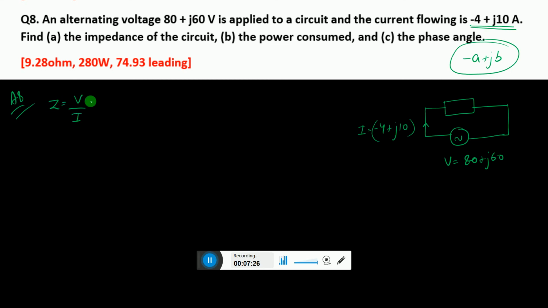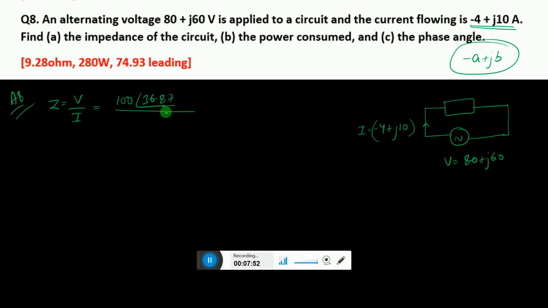So let us write in terms of polar form, better. When we write in terms of polar form, 80 plus J60: root over of 80 square plus 60 square comes out to be 100, angle tan inverse of 60 by 80, 36.87.